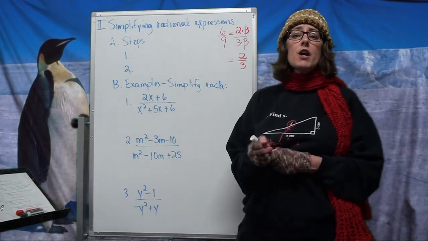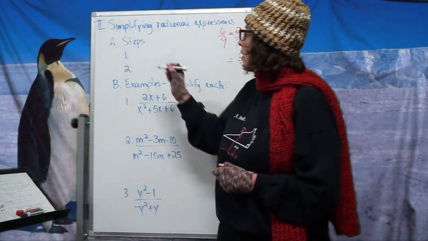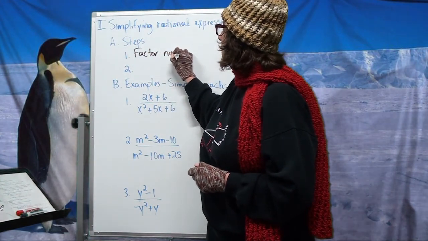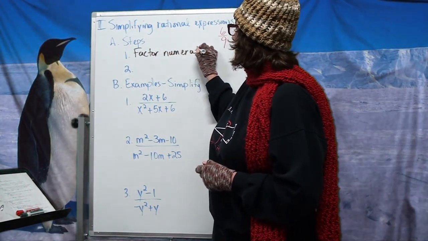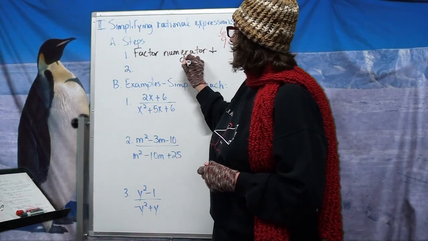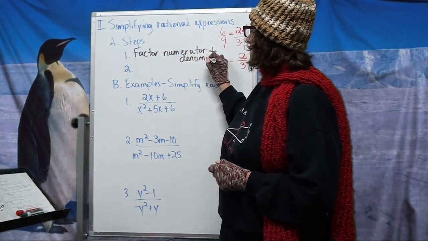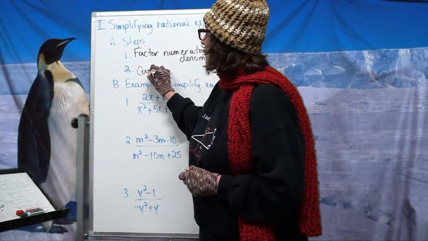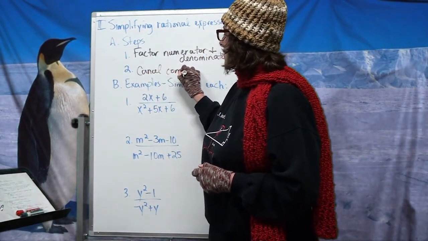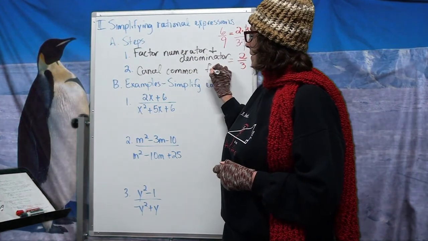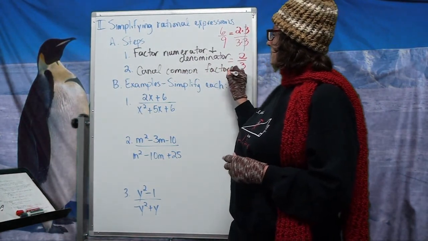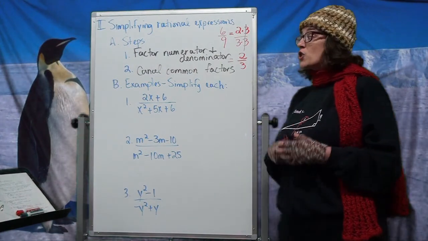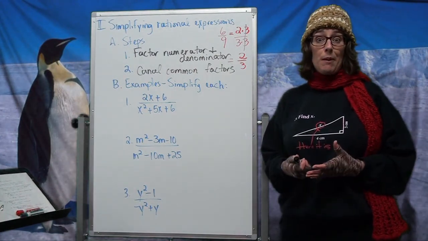So the steps for simplifying rational expressions are that you're going to factor the numerator and denominator, and then you are going to cancel those common factors. And that's all it takes to be able to simplify rational expressions. So the whole issue is you just need to be able to factor.